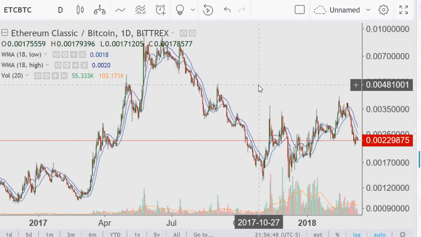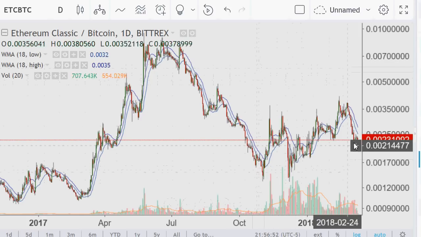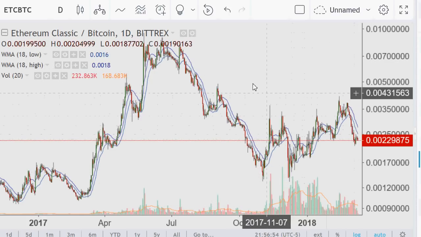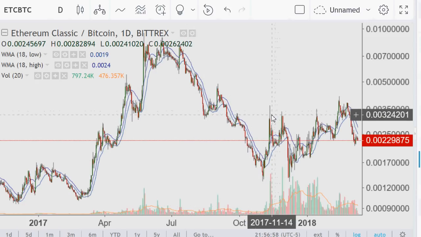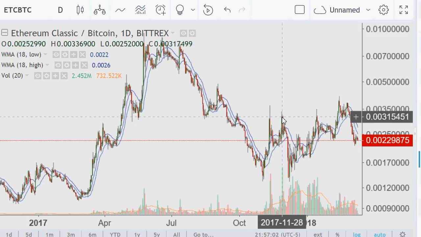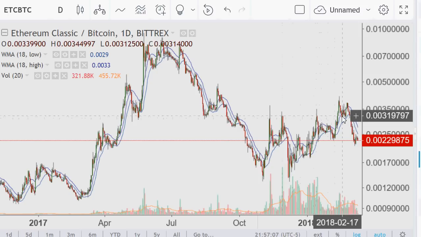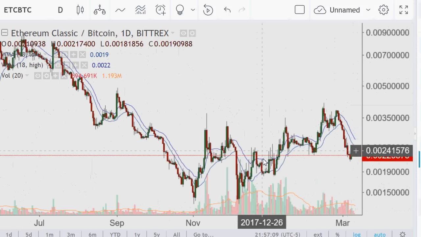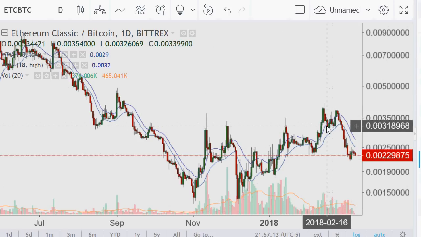However, it makes it very difficult when it's making these higher lows as it is. It had this major fall and a level of resistance here on November the 12th, a similar area on November 28th, a similar area again January 13th, and it kind of held and stayed above this level here in the middle to late end of February.